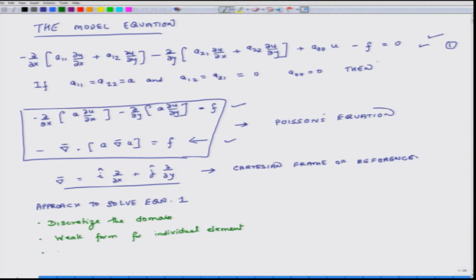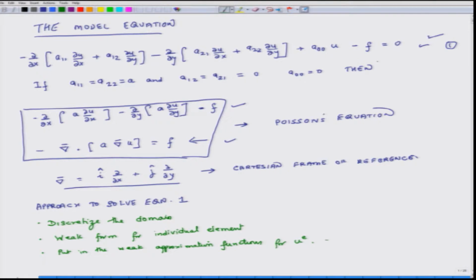Then, in the weak form, we put in approximation functions for UE. So, we develop the weak form and then in that weak form we put in approximation functions.